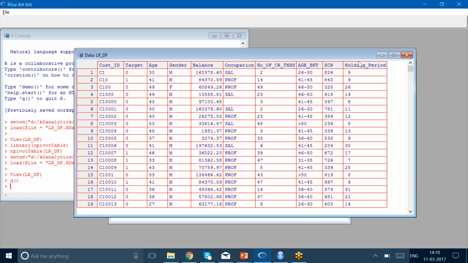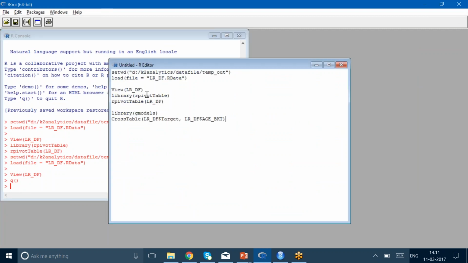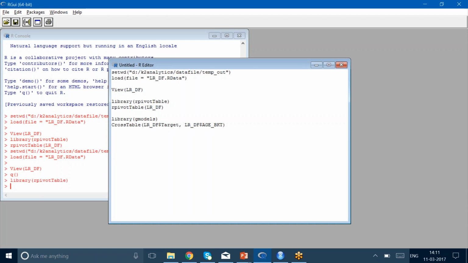Let me close the data set. Let me run a few commands. What I'm going to do is use a package, rpivottable. So I load the package. The rpivottable package is already installed on my machine.